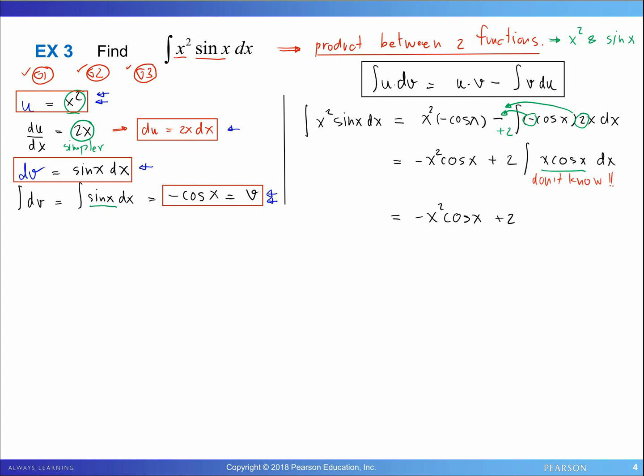However, we can see that this is a product between two different functions, between x and cosine x, which means that this is a good candidate for by parts. So let's add right here that we have a product between two different functions.